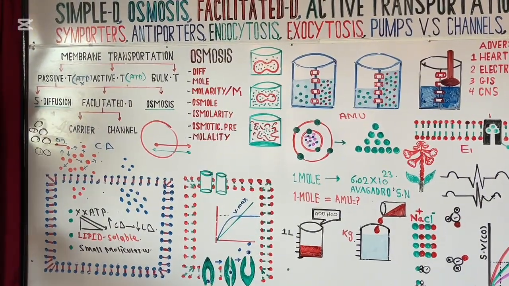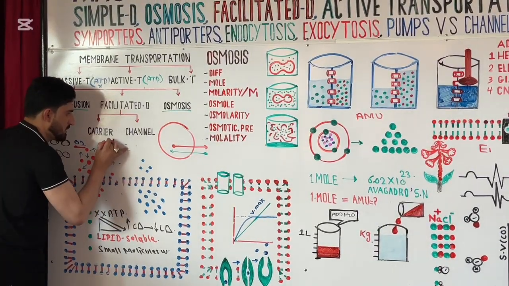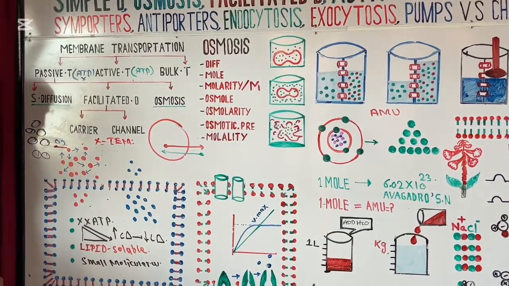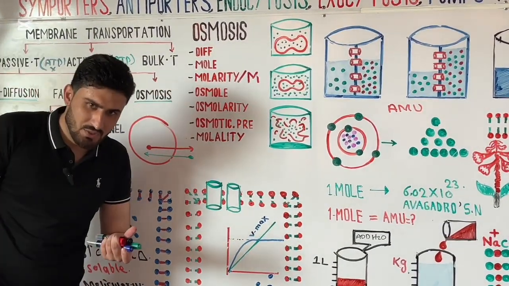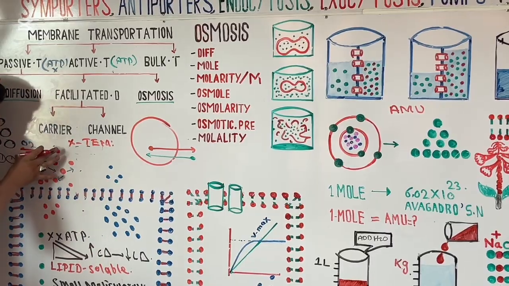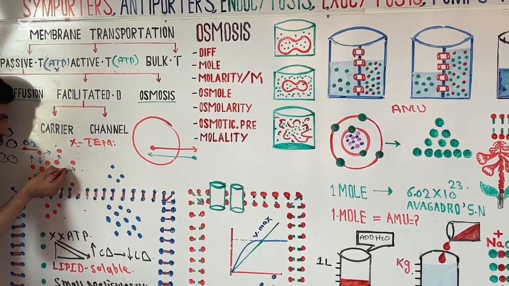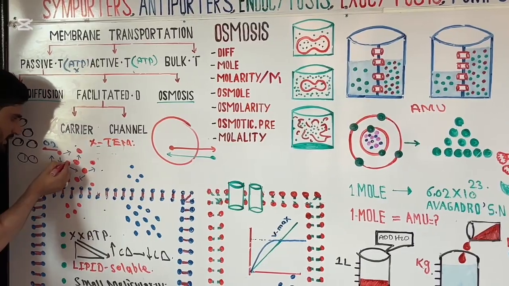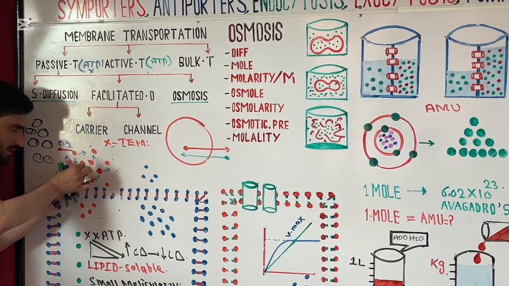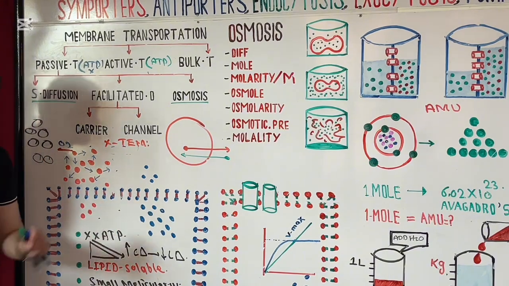For example, temperature. High temperature causes an increase of simple diffusion. Why? Because with temperature, molecular movement increases, and due to this increased molecular movement, molecules pass through the cell membrane so fast.